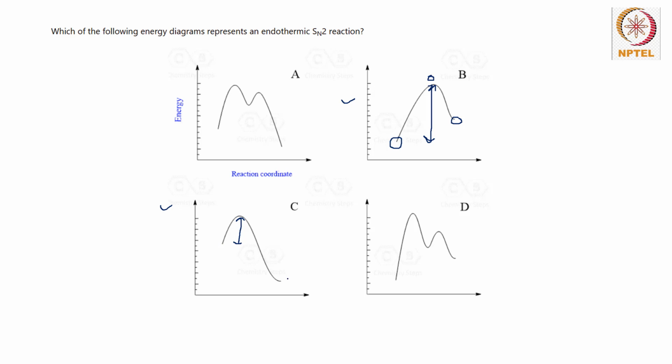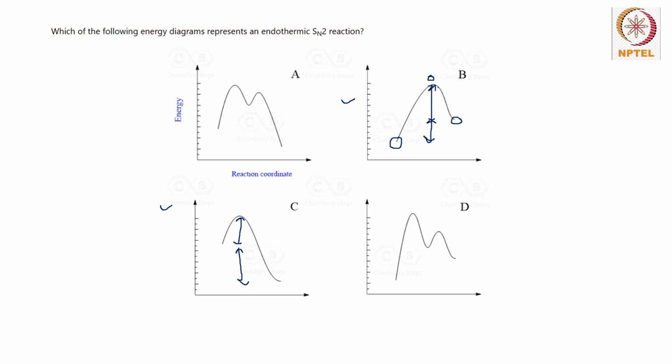So when we get our product, this huge amount of energy goes outside of the system, into the universe, so it gets released from the system. But here the product energy is this much, and we have to give that energy.